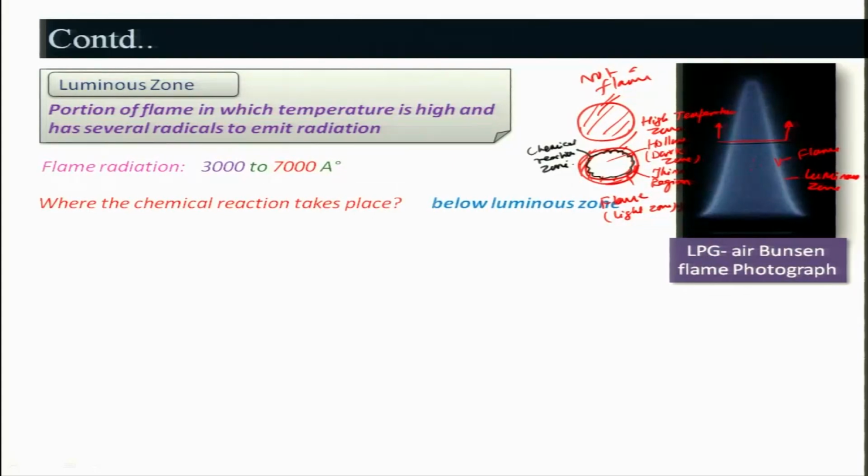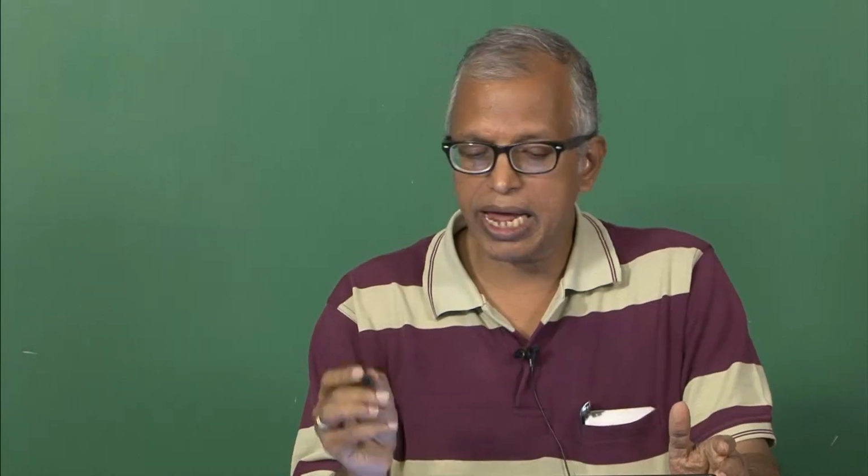Keep in mind that it will not be happening only here. As we proceed, we will see that the reaction occurs in a slightly thicker zone, but the predominant reactions where the heat release occurs will be in a narrow zone.